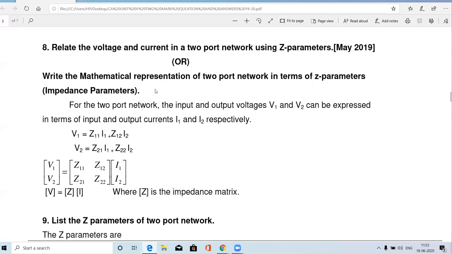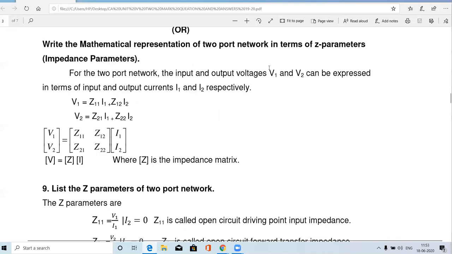In Z parameter, we express the input voltage V1 and output voltage V2 in terms of the input current and output current. When the input and output voltages V1 and V2 are expressed in terms of the input and output currents I1 and I2, these are called the Z parameter equations.